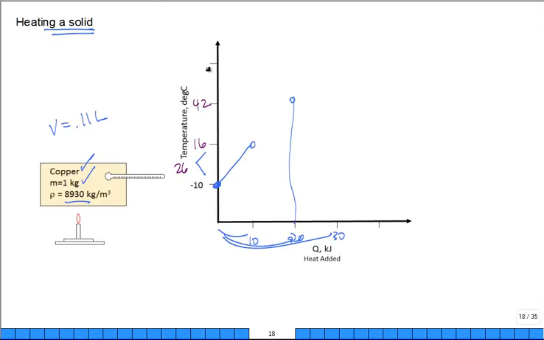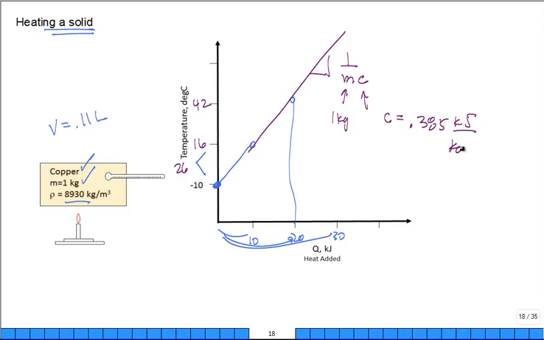Then another 26, so it's a straight line. That straight line slope is 1 over the mass times the specific heat. For the 1 kilogram, you can look up the specific heat for copper, which is about 0.385 kilojoules per kilogram Kelvin. That's C sub P.